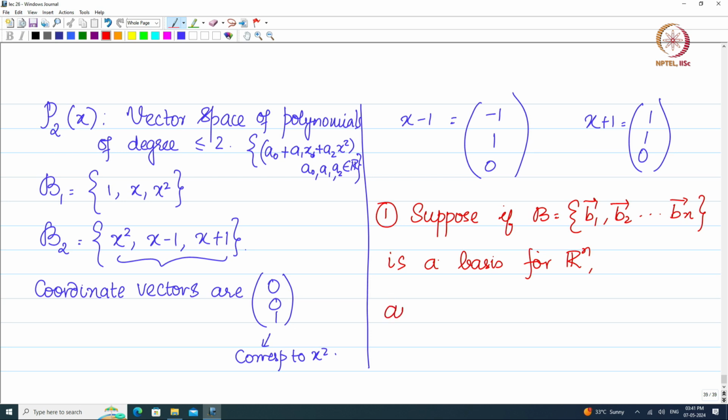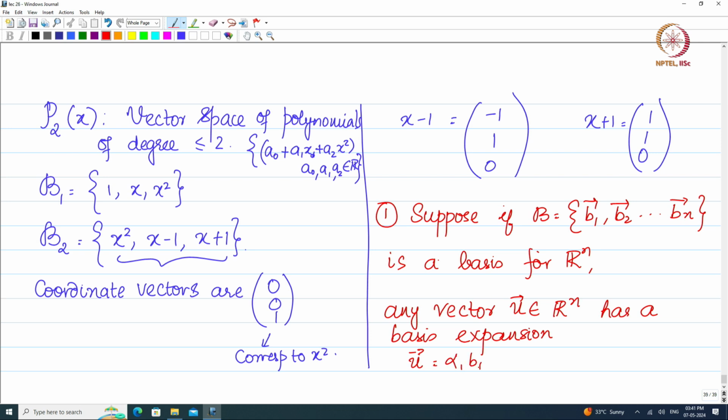Then any vector u in Rn has a basis expansion given by u is equal to alpha 1 b1 plus alpha 2 b2 and so on.